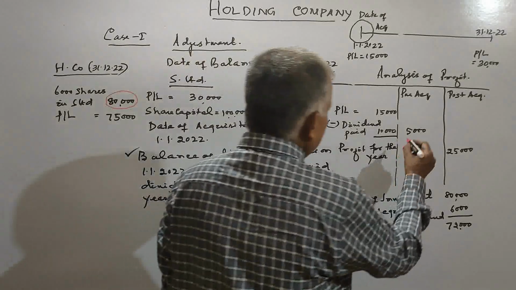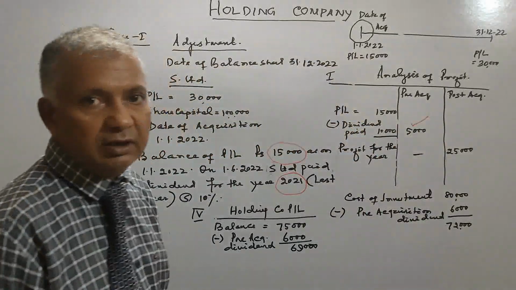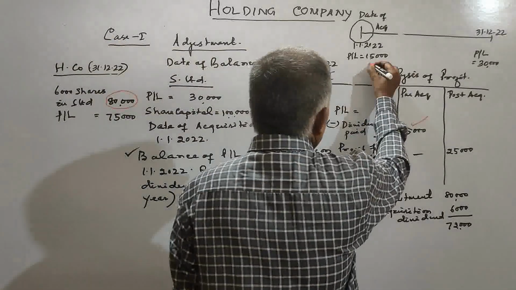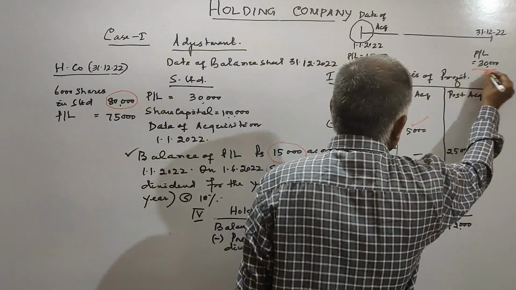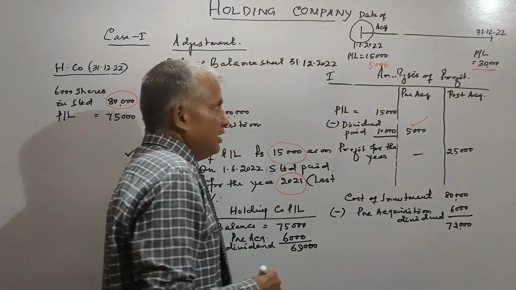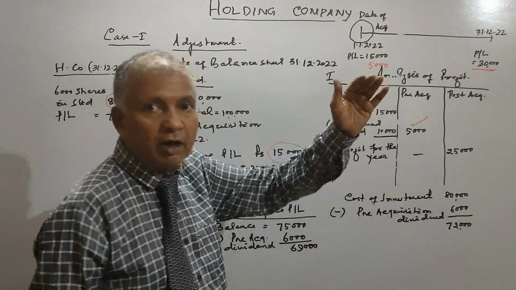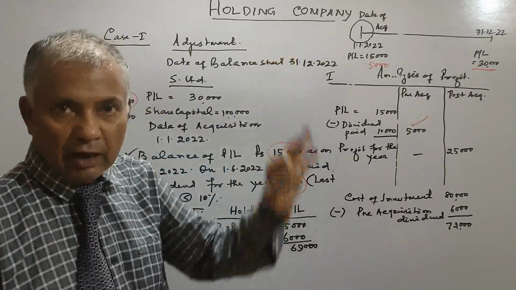So the remaining is 5,000 that we take in the pre-acquisition, and this becomes 30,000 at the end of the year. So 5,000 was the profit after payment of dividend for the year 2021.